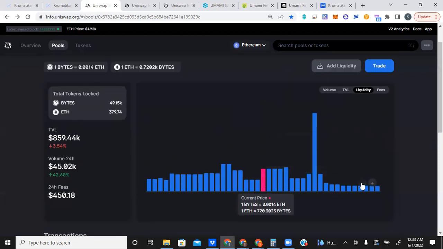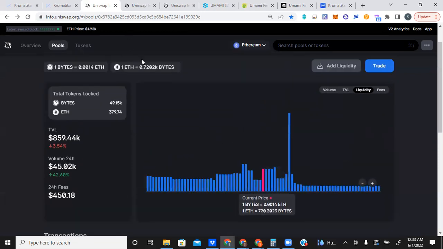So it's pretty simple, not that complicated, but a very effective way to have limit orders. And you can't do this with regular liquidity pools because you can't have these concentrated positions.